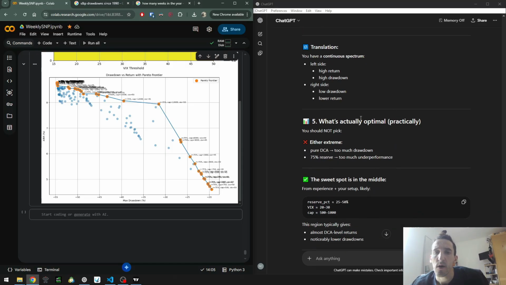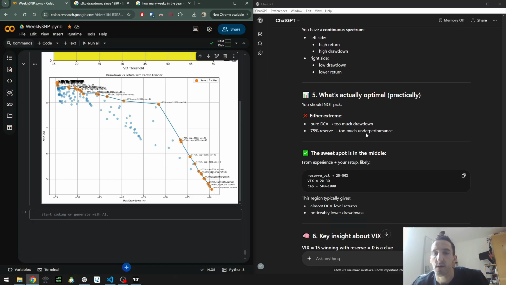Yeah, what's actually optimal? You should not pick either extreme: pure DCA, too much drawdown; 75% reserve, too much underperformance. The sweet spot is in the middle, from experience plus your setup, likely reserve percentage 25 to 50, VIX 20 to 30, and cap 500 to 1000. This is probably true.